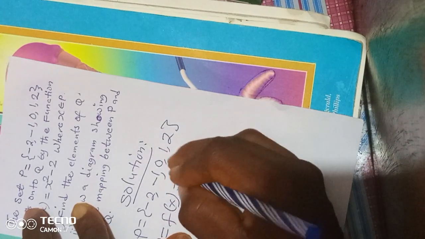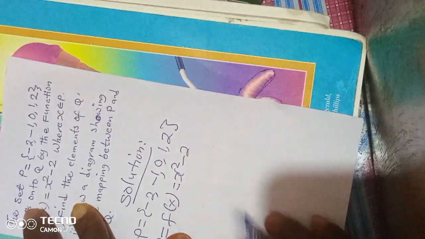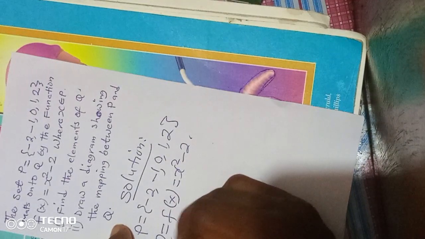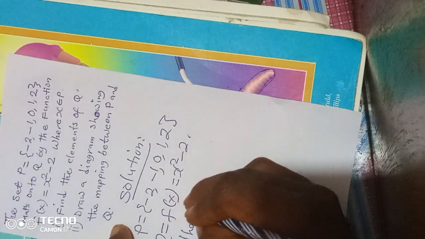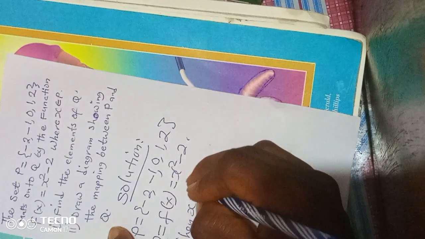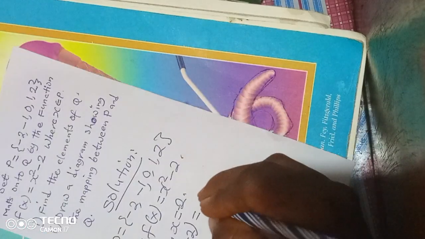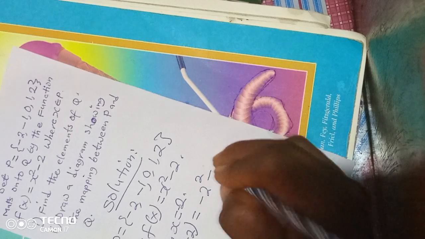Q here is equal to f(x), which equals x² − 2. So according to set P, when x was -2, what will become of f(x)? Our f(-2) will be equal to (-2)² − 2.